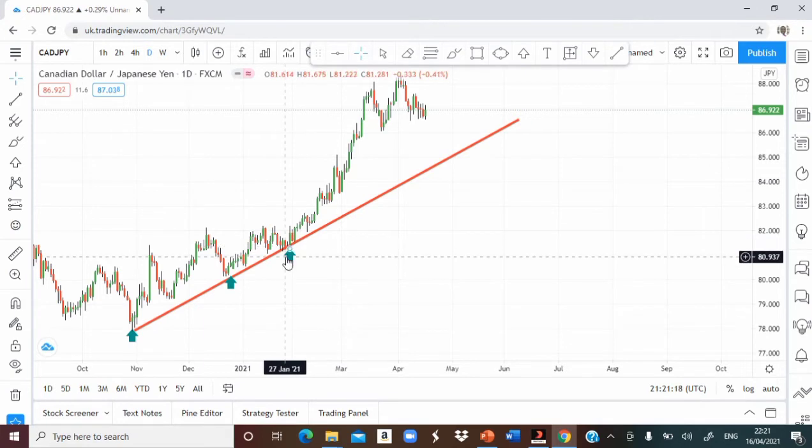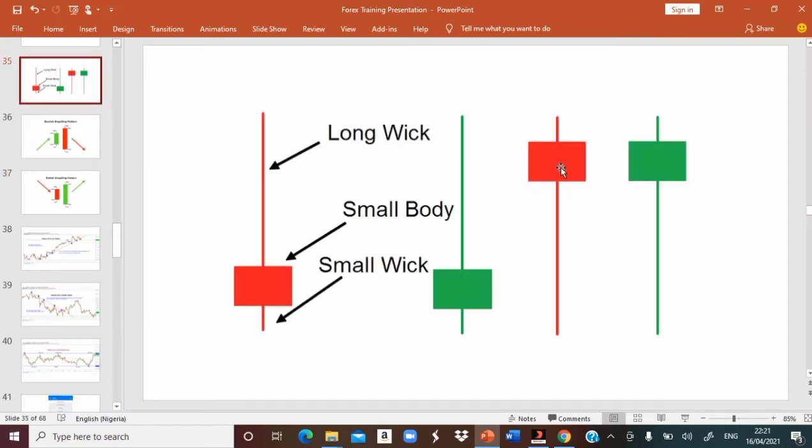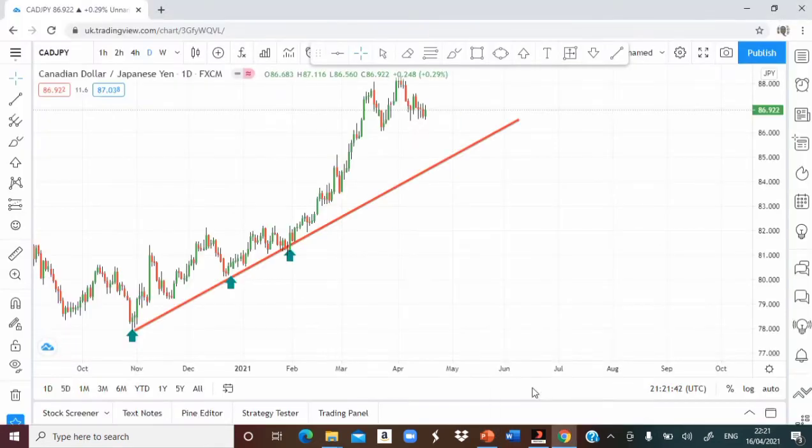If price touches your trend line, you want to wait for candlestick formations such as this. For a buy, look for something like this, or you can look for hammer and doji candlesticks, which you can use to find out if you are going to trade or not.